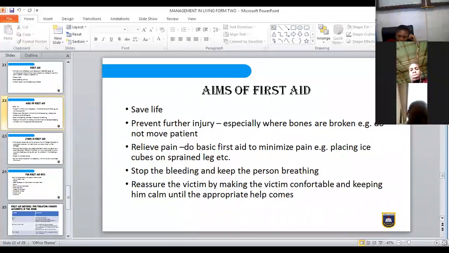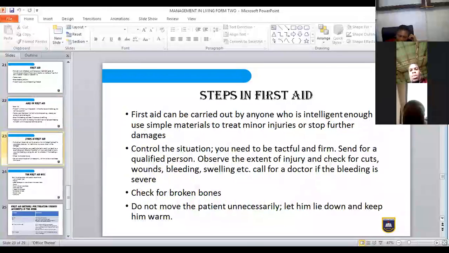For instance, when somebody is injured and you get to an accident scene and you just stand there saying, hey, this is very serious, hey, if you don't take care, you will die, such words demoralize the person. So it is important that as a person giving first aid, you reassure the victim.